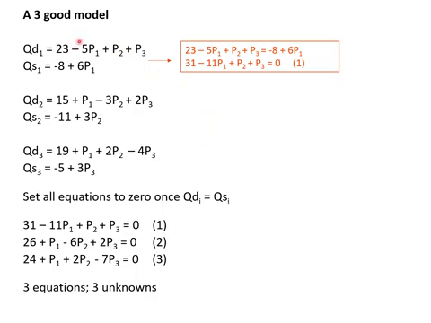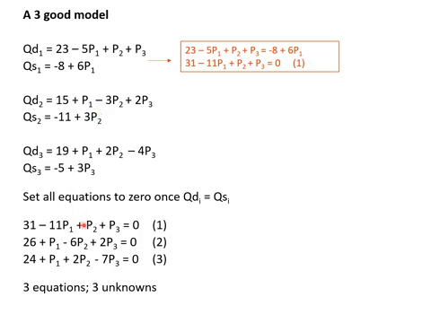For example, here if we take the first market, we set quantity demanded equal to quantity supplied, and then our next step is to gather like terms on the left-hand side and set the equation equal to 0. So we've done that here for equation 1, and we'll do the same in market 2 and in market 3.